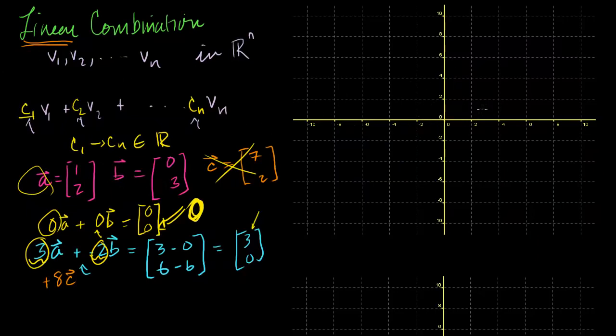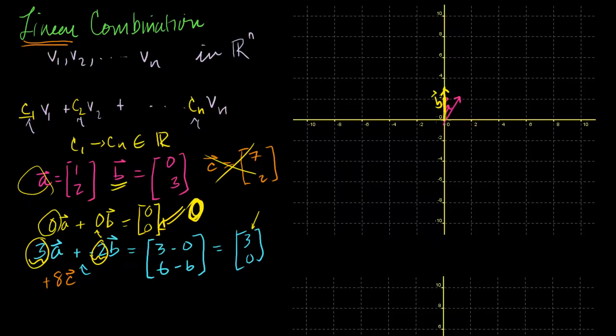So let's say A and B. So A is 1, 2. So 1, 2 looks like that. That's vector A. Let me do vector B in yellow. Vector B is 0, 3. So vector B looks like that, 0, 3. So what's the set of all of the vectors that I can represent by adding and subtracting these vectors?